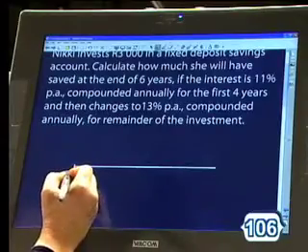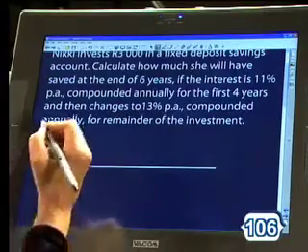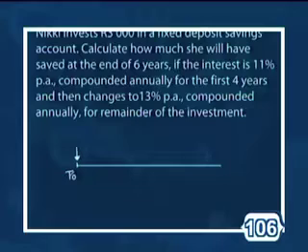Now, it's most important that we always understand that an initial investment is taken at time t0, 0. So now is time t0. And I always take a deposit as an arrow going in to my bank, and she is investing 3,000 Rand. Okay? Now it says that she is going to save up for 6 years in total, but the interest is 11% for the first 4 years.